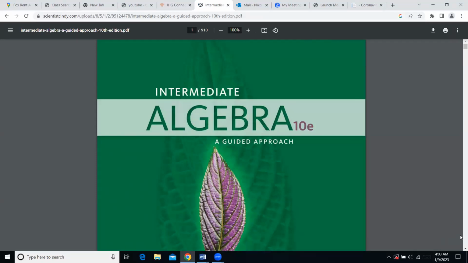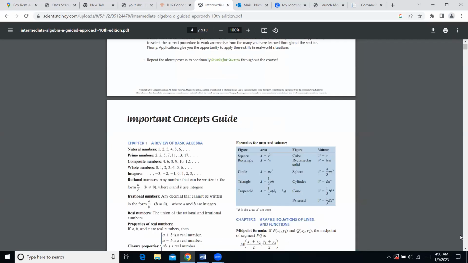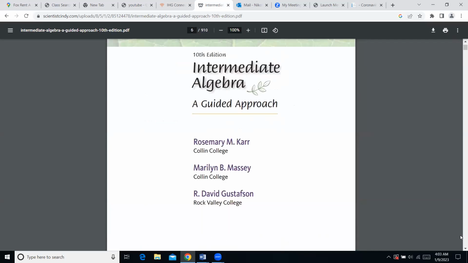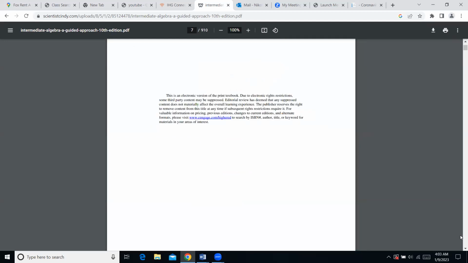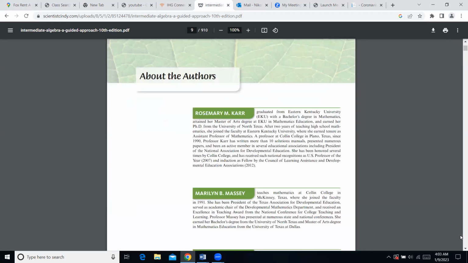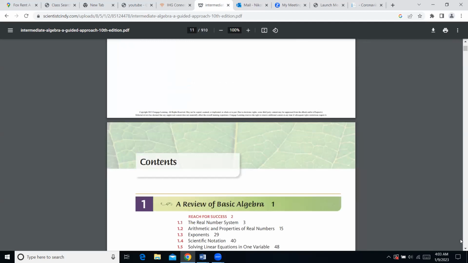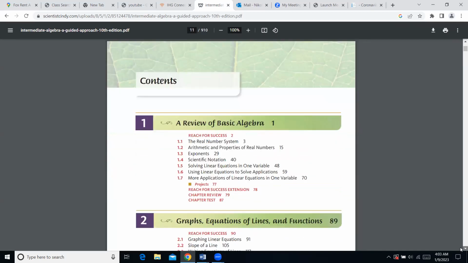So here's our textbook that we were using already, and what I can do is share this again with everyone in class by placing the link to this textbook in the Zoom chat.